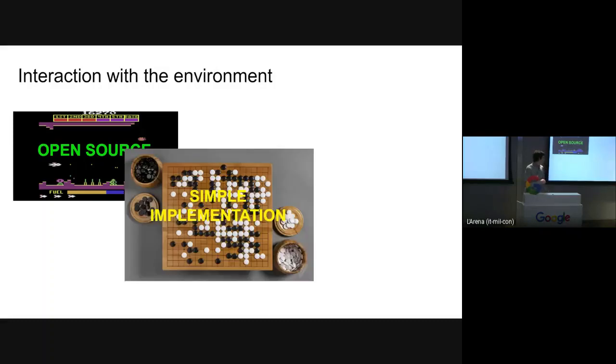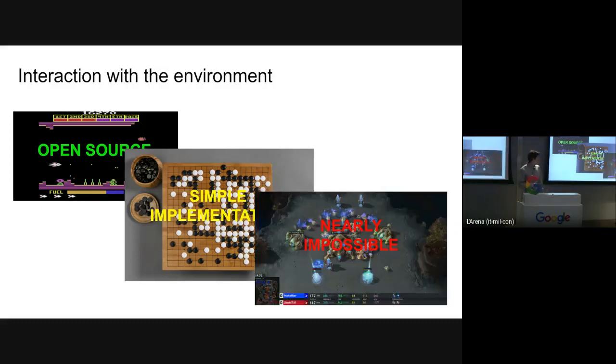In some cases, like board games, for example chess or Go, you can try to implement the logic of the game by yourself. In some other cases, like StarCraft, you must really be a giant software house like Google DeepMind to have access to the raw data of the game. But surely it's not us.